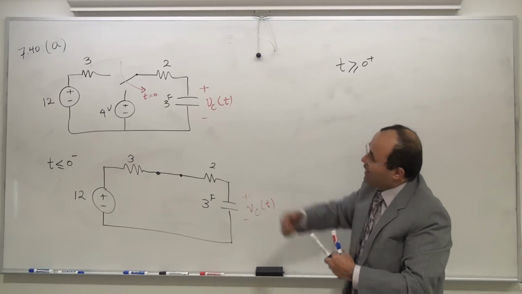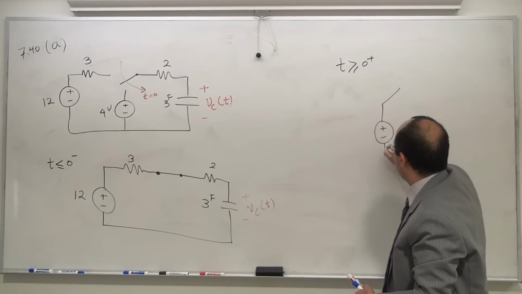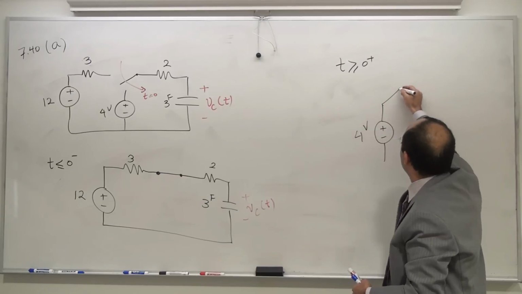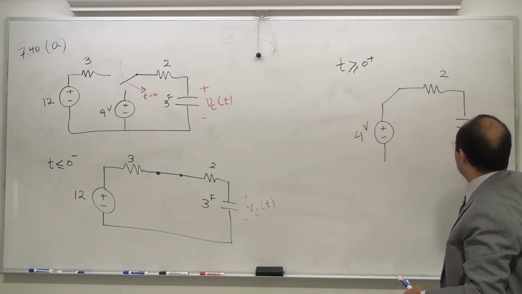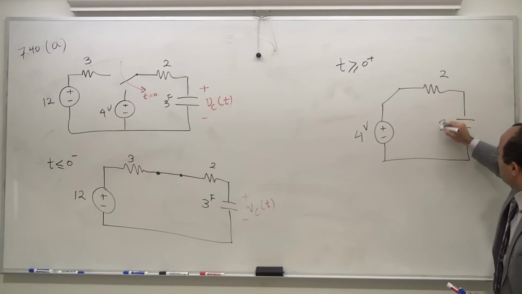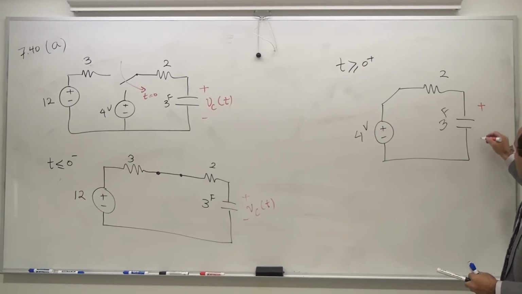The switch is now latching onto 4 volts. This is the switch. This is going to be 4 volts. This is 2 ohm. This is the capacitor, 3 farad. Again, 3 farad really is big, humongous.